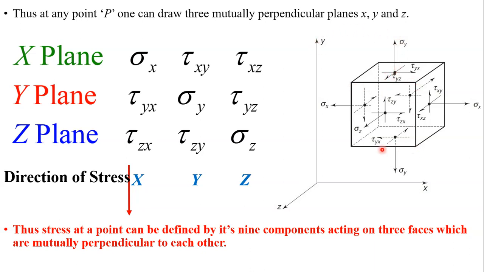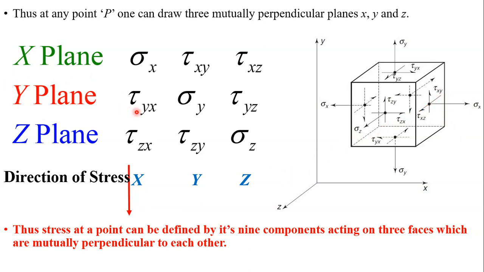And this is called as z plane, because if you draw normal to this plane, it will be parallel to z axis. Okay, so on x plane, what are the stress components acting? First is sigma x, second is tau xy, third is tau xz. See, the first subscript is x, so these components are acting in x plane. Second is showing the direction, tau xy acting in y direction, tau xz acting in z direction.